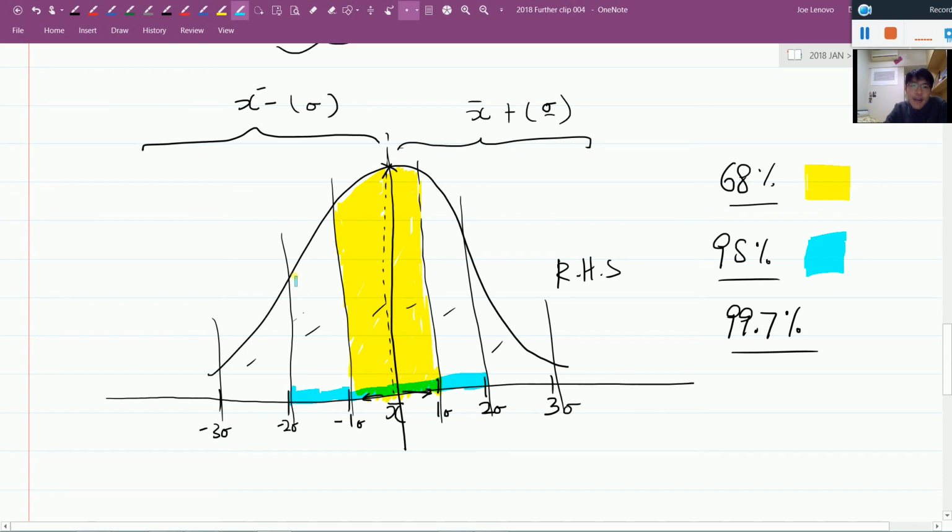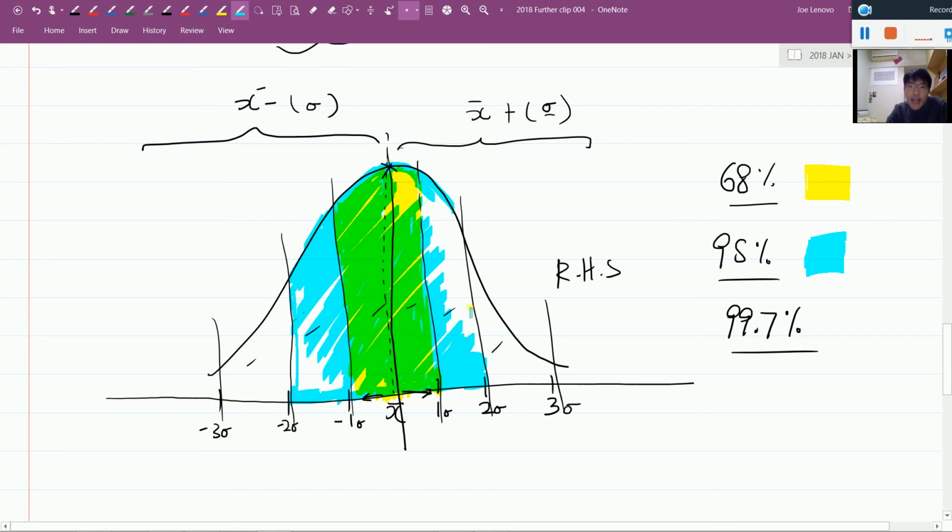So the 95% represents the regions all the way across. And you can see that the green in the middle would be the overlap area.